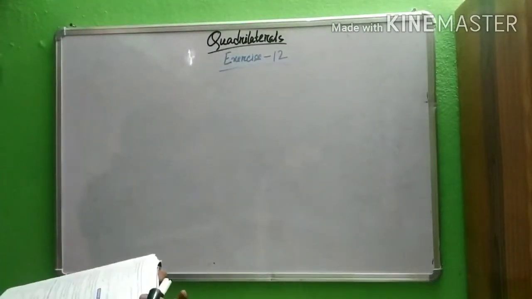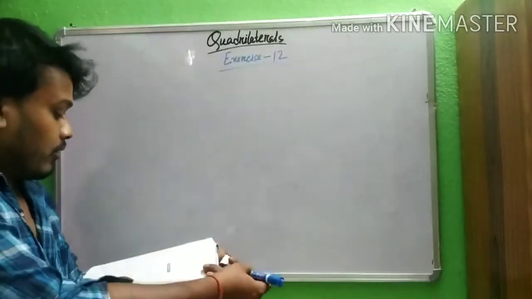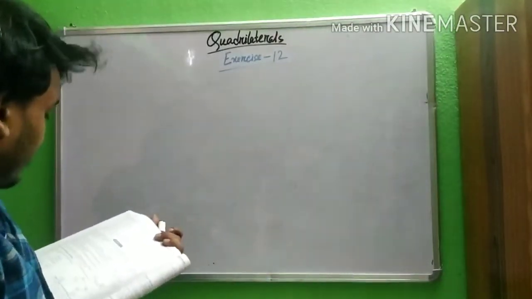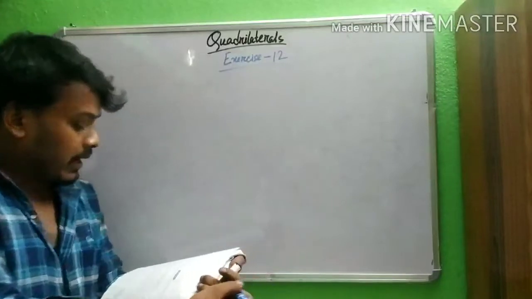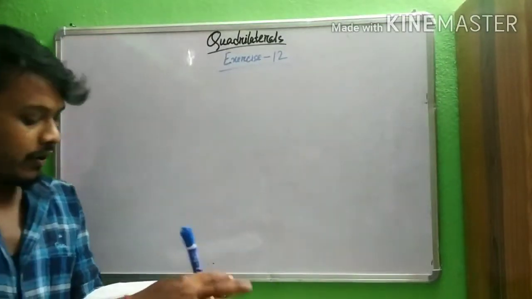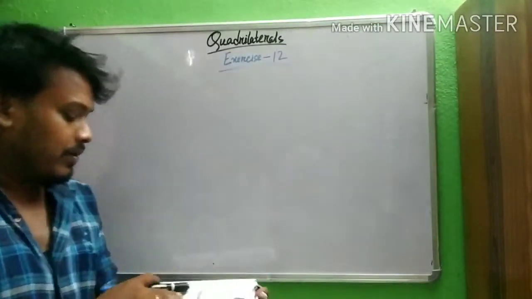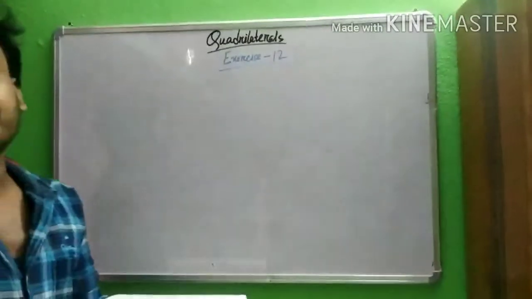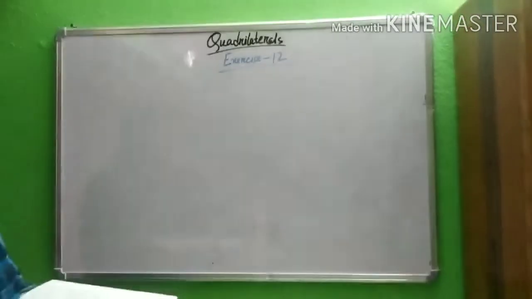Okay. So question number one is very easy: three angles are given, find the fourth angle. If we subtract the sum of the three angles from the sum of all angles, then we get the result. So question one is very easy, no need to solve it.